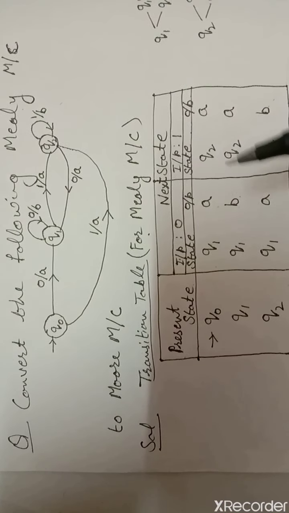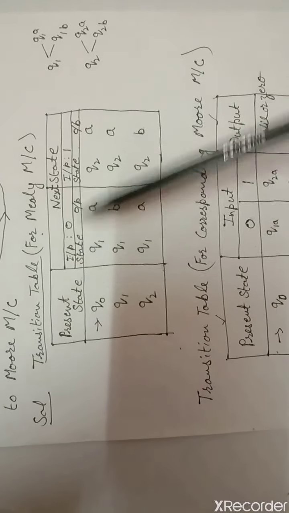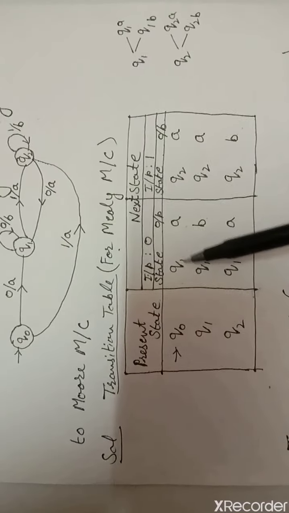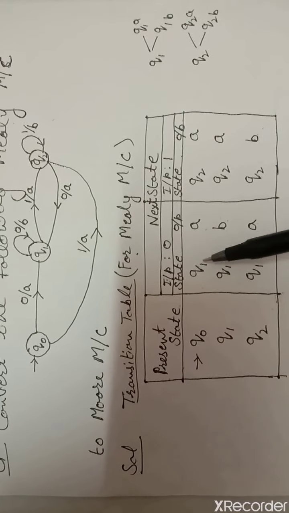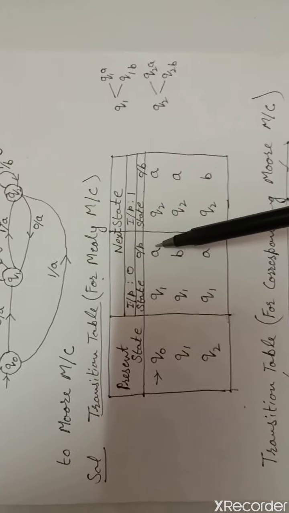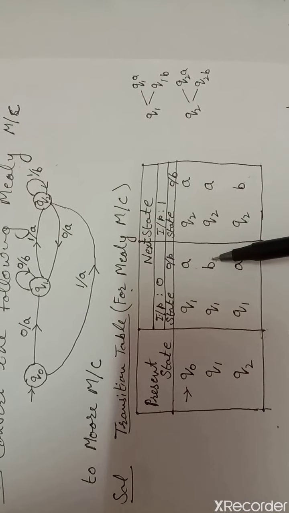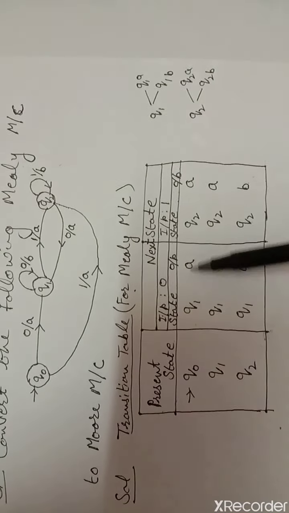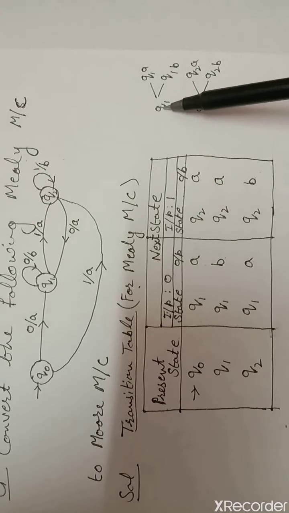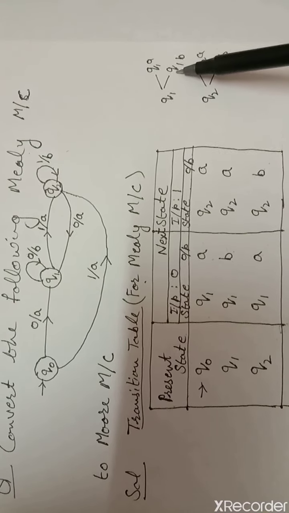Now, say one thing. Before constructing the Moore machine table, you have to look at this transition table. You can see here corresponding to this Q1, there is an output A with Q1. Now there is a different output. So with Q1, there are 2 different outputs. So it means you have to split state Q1 into 2 different states.